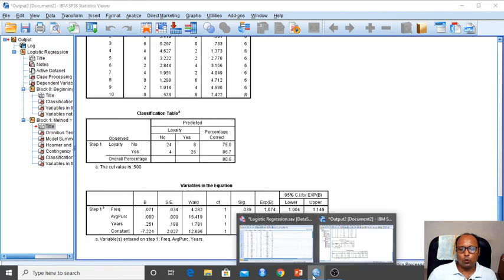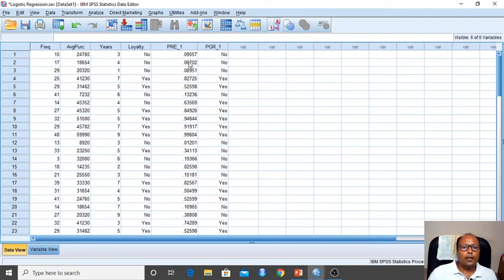So if you go to your data file, you have this probability already calculated here. Wherever the probability value is 0.5 or above, they are classified as loyal. If the probability value is less than 0.5, they are classified as non-loyal.